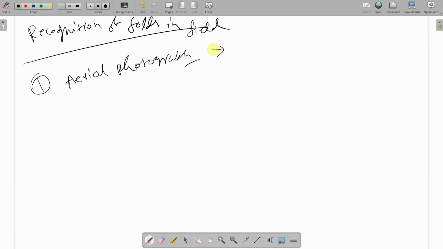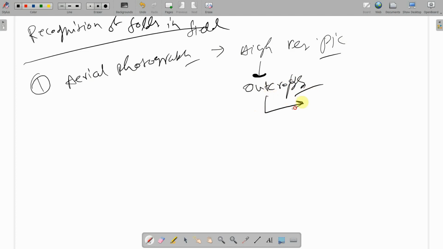You take a high resolution picture via drone or satellite, okay, and from there you will be identifying the outcrops, and from those outcrops you can understand if this is a fold. Or suppose there is a fold which consists of several sets of crests and troughs like this.